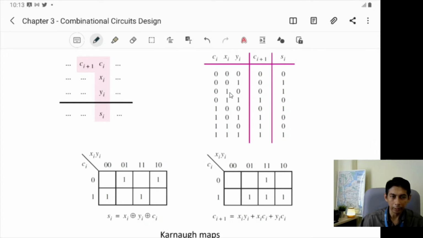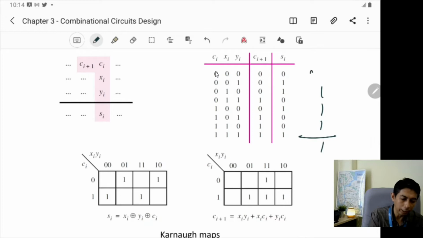Again, 0 plus 1 plus 0, same. But 1 plus 1 plus 0, we have sum equal to 0, but carry now equal to 1. And the last case is 1 plus 1 plus 1: you have 1 and 1 carry, that's why you have sum equal to 1 and carry equal to 1.